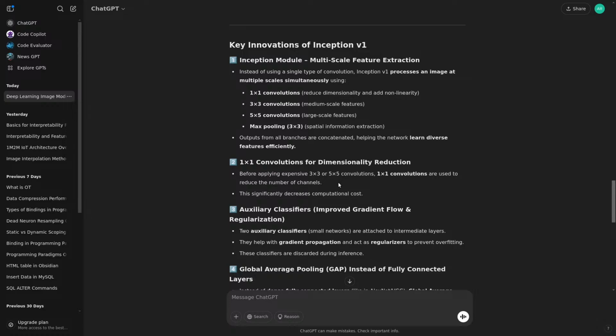Okay, one by one convolution. How does one by one convolution reduce the dimension?